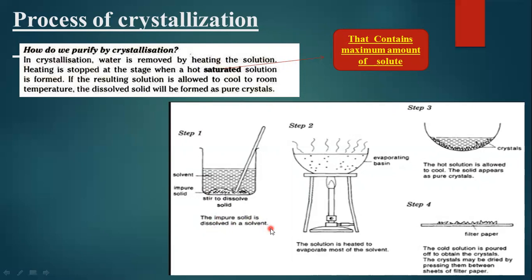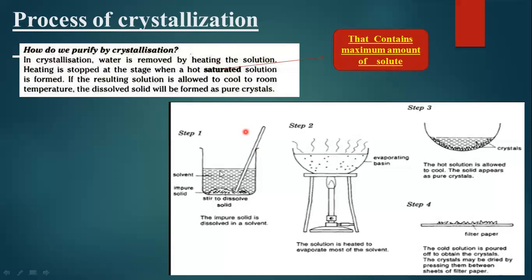So in the first step, we mix these two, solute and the solvent, and make a solution. That solution is called a saturated solution. Saturated solution means a solution that contains the maximum amount of solute.